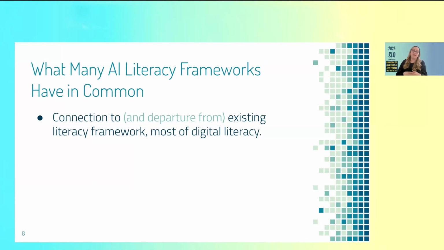Most often, that's the digital literacy frameworks or information literacy frameworks, some computer literacy frameworks. But a lot of the time that's sort of the starting point. But then, even though they start from the area of digital literacy, most of these scholars and frameworks depart from that space pretty quickly as a way of putting forth their own framework for AI literacy in particular.